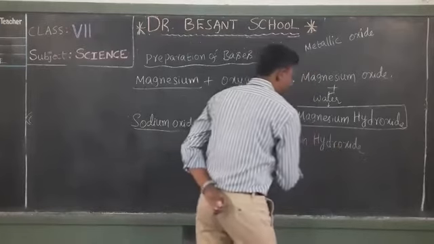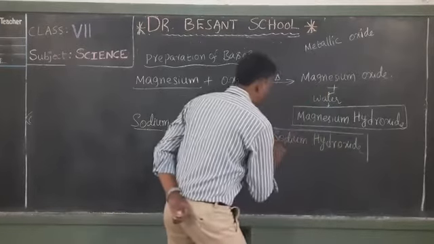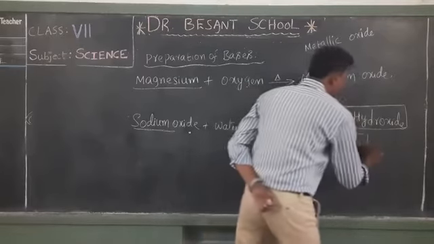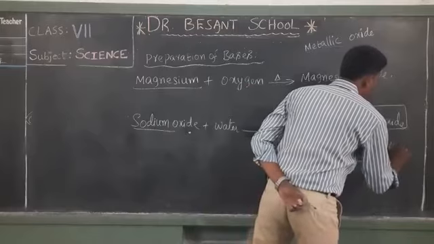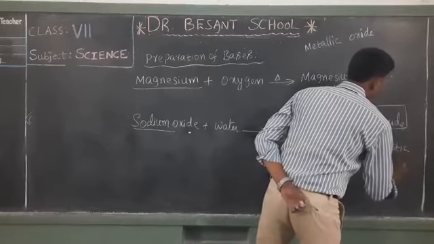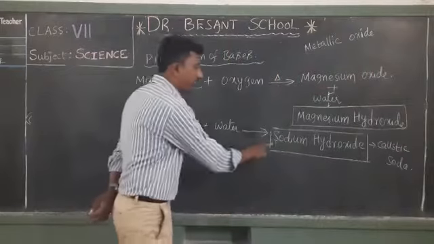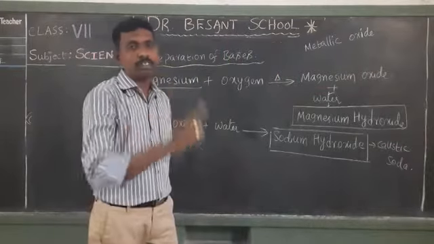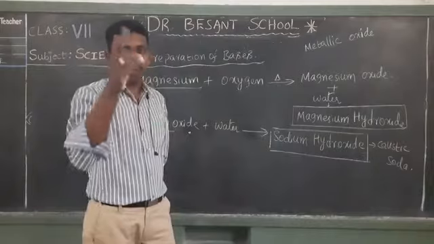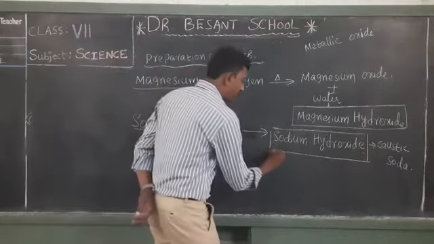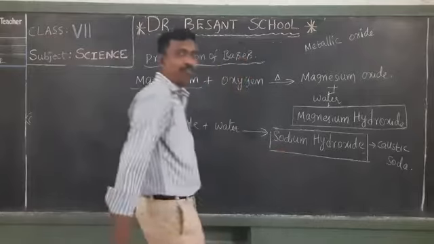Do you remember sodium hydroxide from our earlier classes? It is called caustic soda. When sodium hydroxide is treated with red litmus paper, it turns the color to blue, which indicates the basic nature of the substance. Sodium hydroxide is a base.